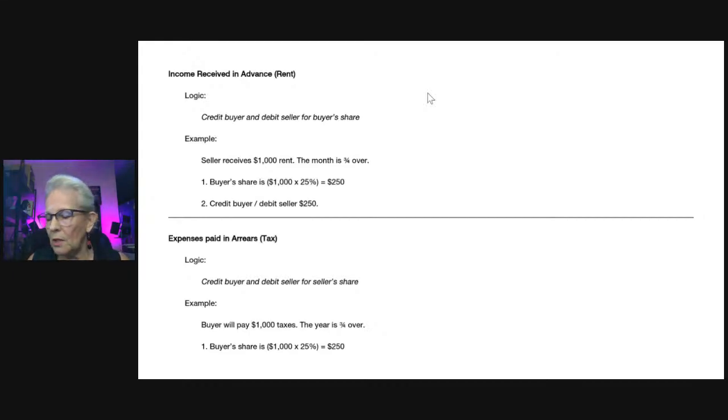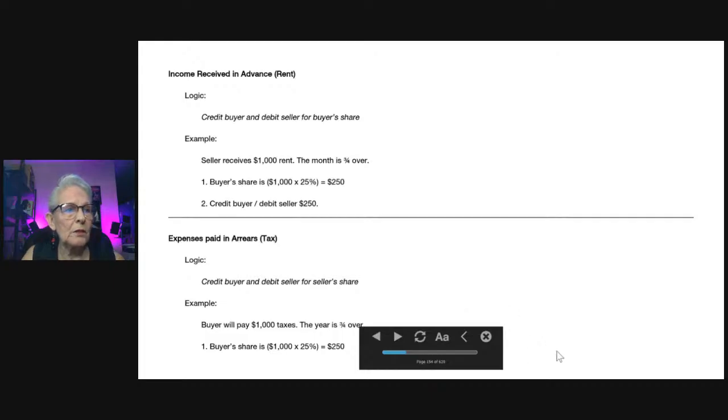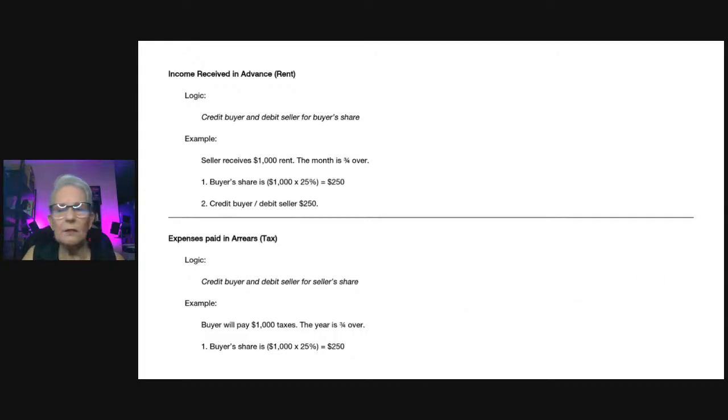So you can look up on the internet for a settlement statement for real estate. Let me see if I can bring a page up here. Bear with me.